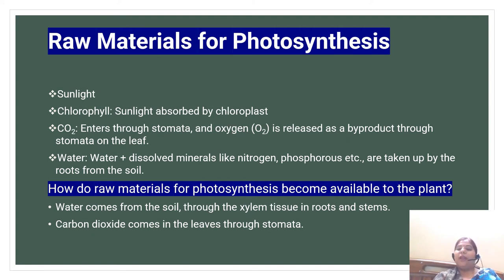Chlorophyll helps in the absorption of sunlight. If it is asked in your exam, name the site of photosynthesis: the site of photosynthesis is the leaf. Leaf is also called the kitchen, right? Because food is prepared in the leaves due to the presence of chlorophyll.